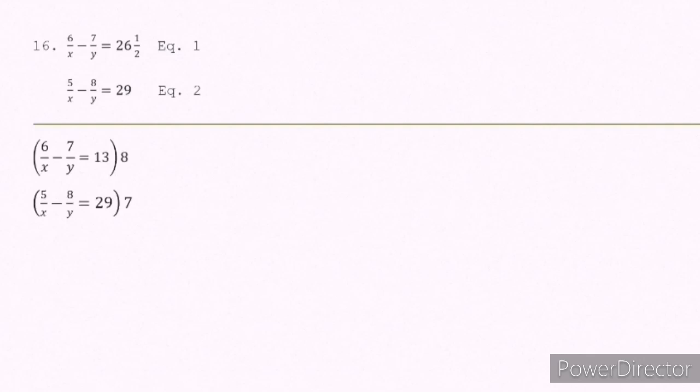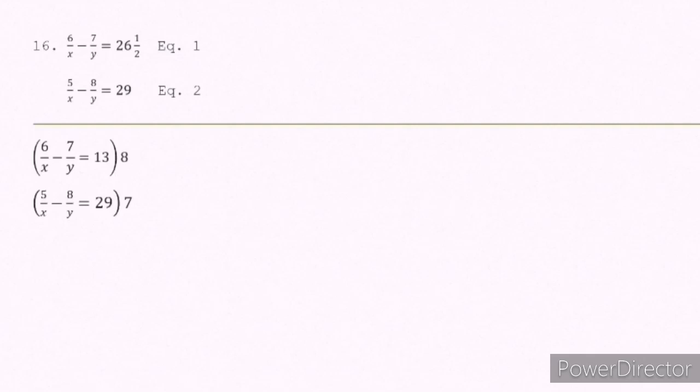Negative 7 times negative 83 over 26 is positive 581 over 26. And then that will lead you to an answer of 53 over 2. 53 over 2 is equal to 53 over 2.